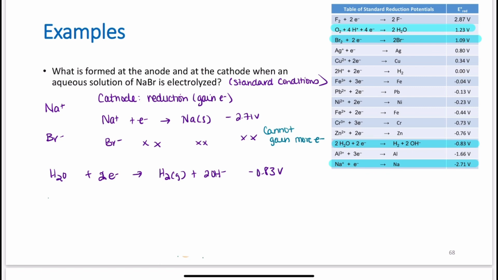I'm going to compare these two numbers here, and I'm going to pick which one is more positive. The more positive one is the one that's actually going to happen. Which means at my cathode, I will form H2 gas.